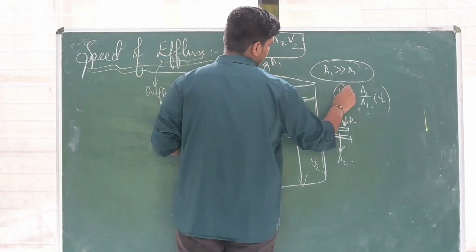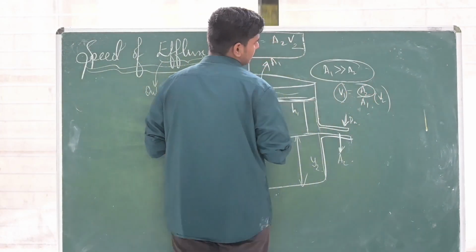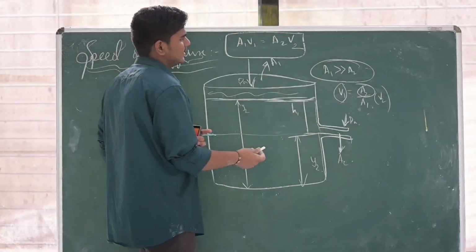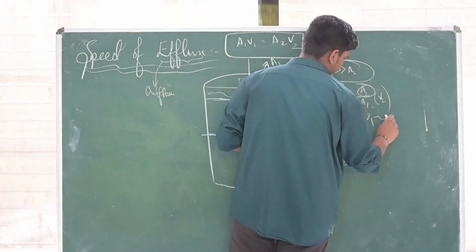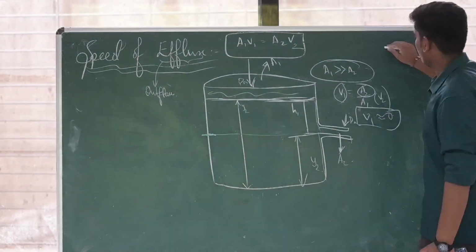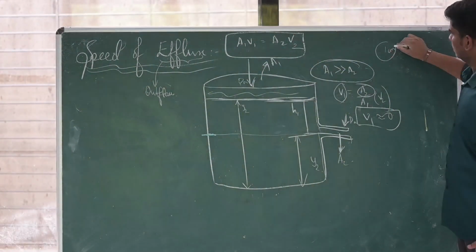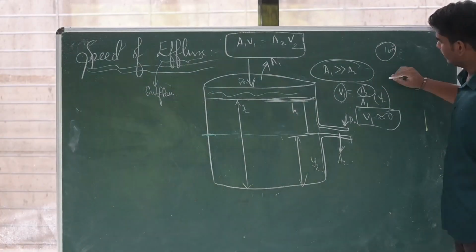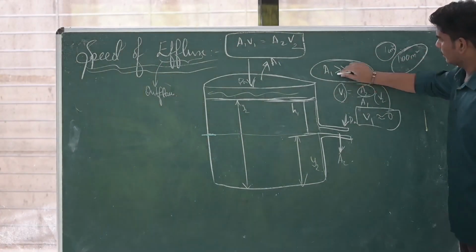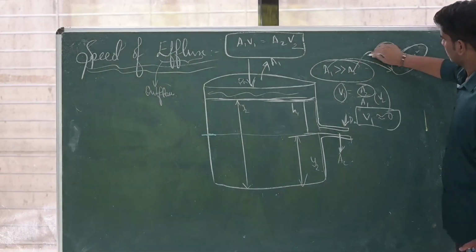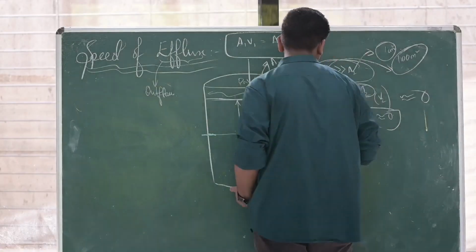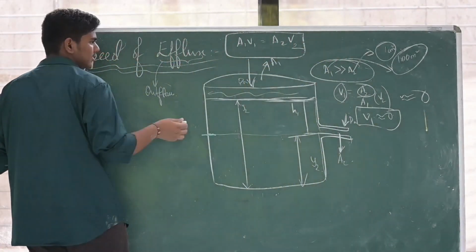Now, we know that A2 is very, very small compared to A1. So, you will get V1 is approximately 0. Because imagine you have 1 centimeter square of A2 and 100 meter square of A1. So what will you get? You will get a very small value, which will approximate to 0.